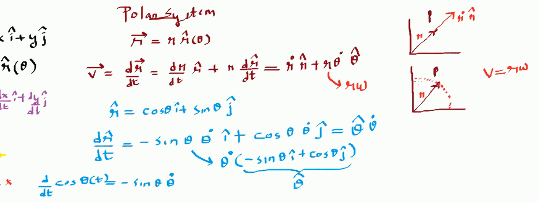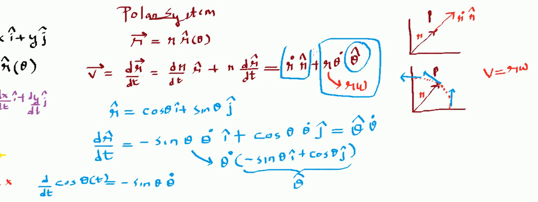And there is one more hint that tells us it moves in circular motion: the motion is happening along theta cap, and theta cap is always perpendicular to r cap. So at any point, the second term represents a motion along the theta cap direction, and the first term represents a motion along the r cap direction.